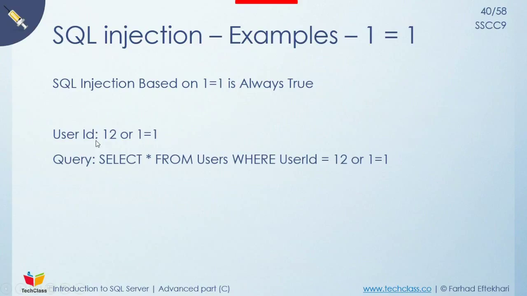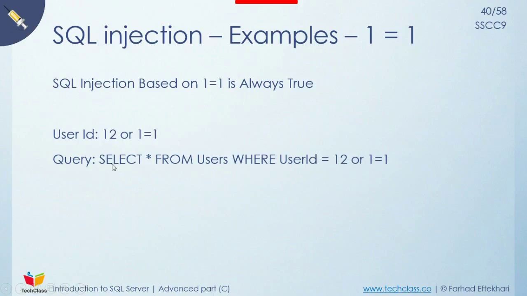So imagine you have some users who have to enter their user ID in some text box. Instead of just writing a number, they write that number or 1 is equal to 1. And just imagine you're using this exact variable or parameter in this part of the query.